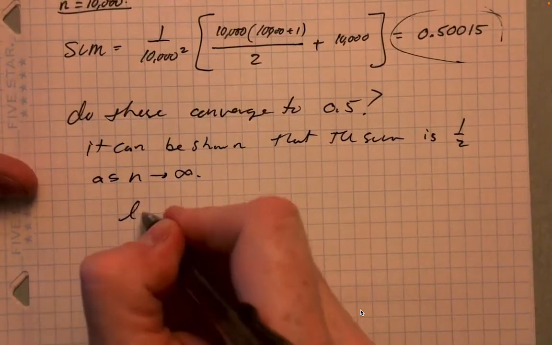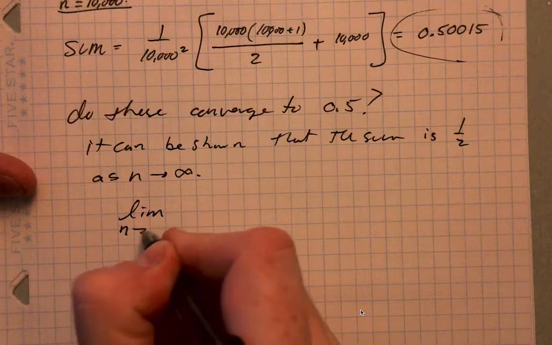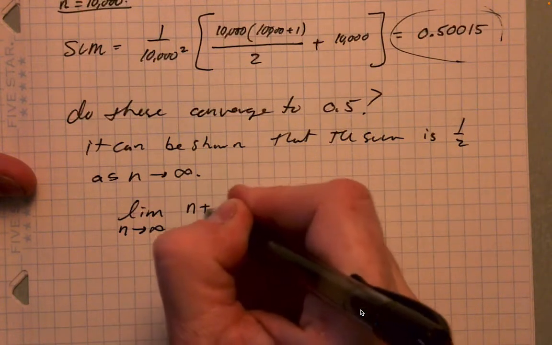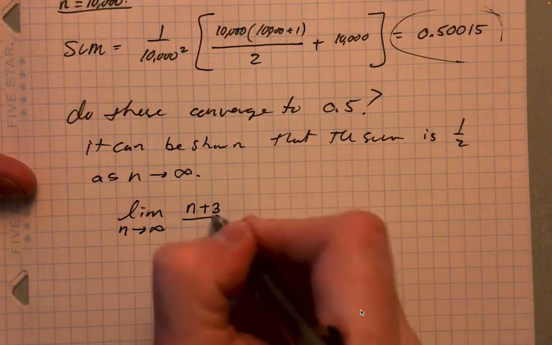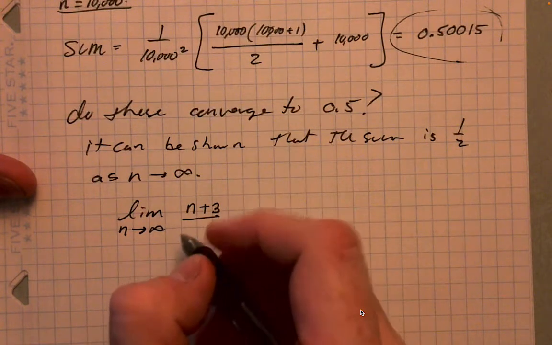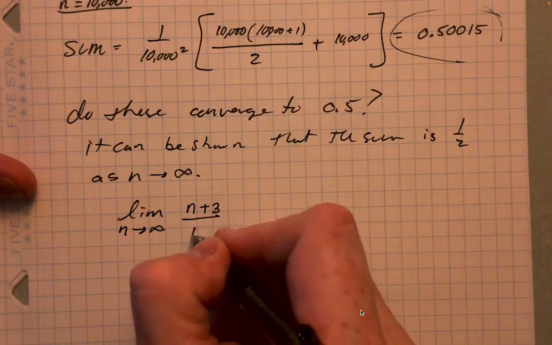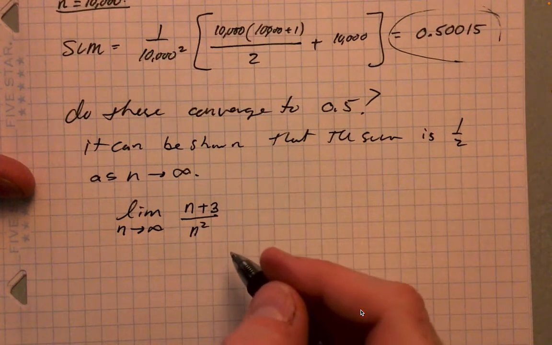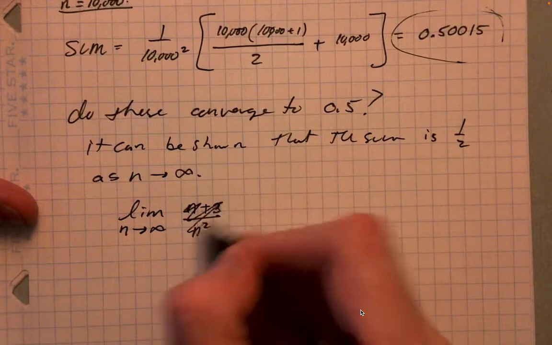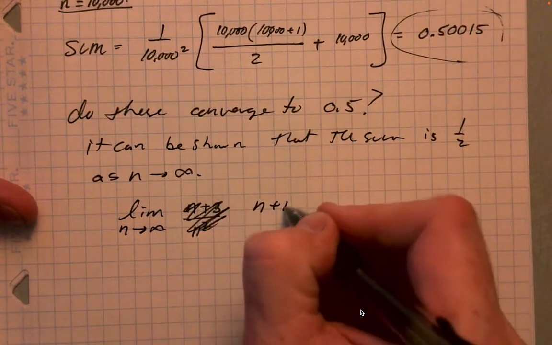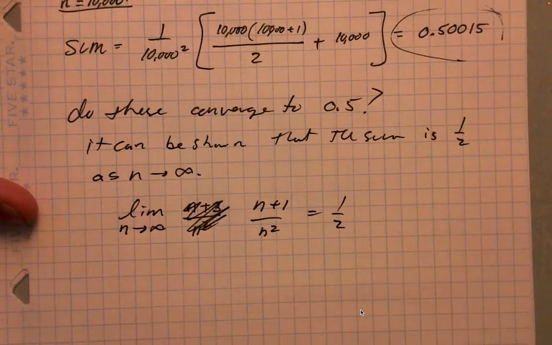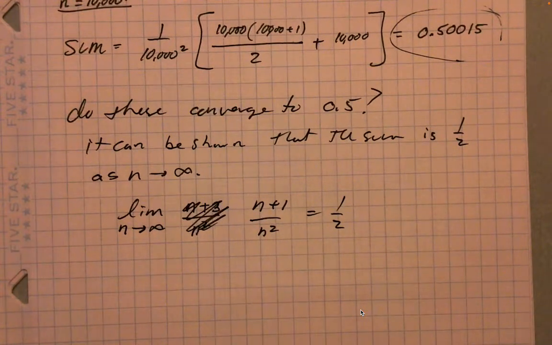Now, the way we would write that is we would say that the limit as n approaches infinity of n plus 3 divided by n squared. Wait, hold on a second. N plus 1, I'm sorry. N plus 1 over n squared is 1/2.